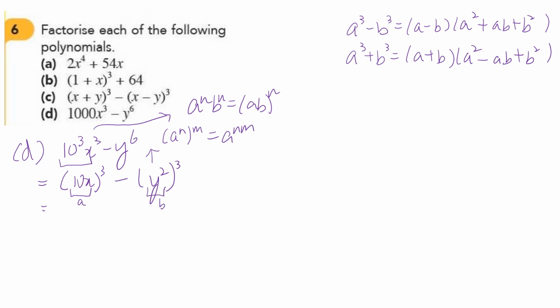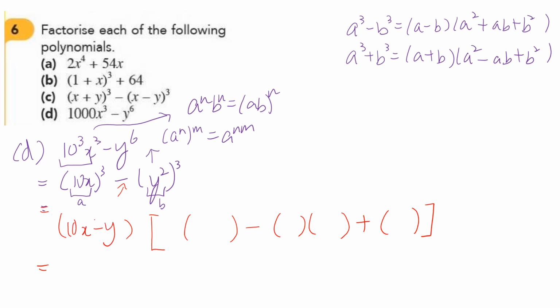Alright, so I have to use the difference of cubes, right? Because the operation is a minus, so negative. So I will have a bracket first, followed by a square bracket, and then another bracket, then minus, bracket, bracket, bracket, bracket, plus another one more bracket, close bracket. So what goes into the first bracket will be a minus b, which is 10x minus y squared.